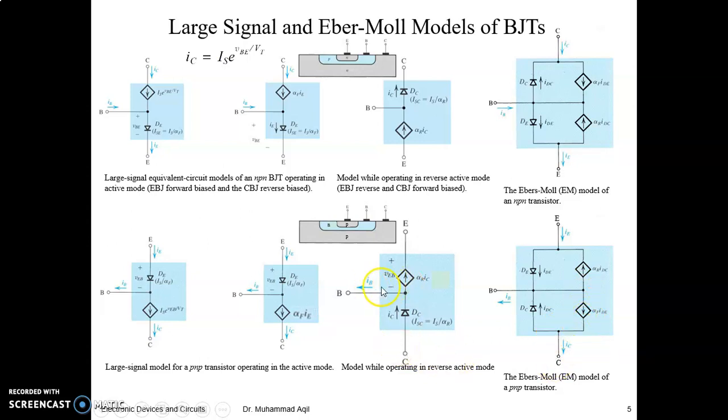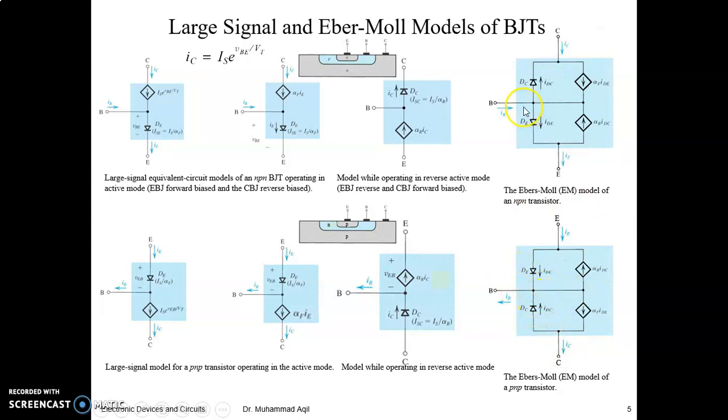But if someone configures the reverse active mode, the collector-base diode is forward biased, not as much affected as this one, and the base-emitter diode is reverse biased to collect the current, right? It becomes the current source. But this mode is not as effective as this one. So this is the Ebers-Moll model.